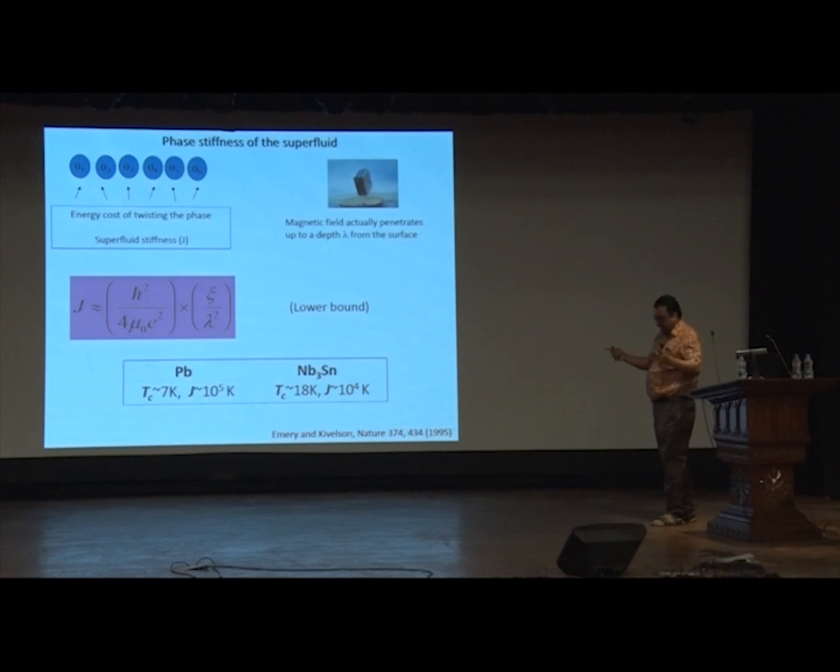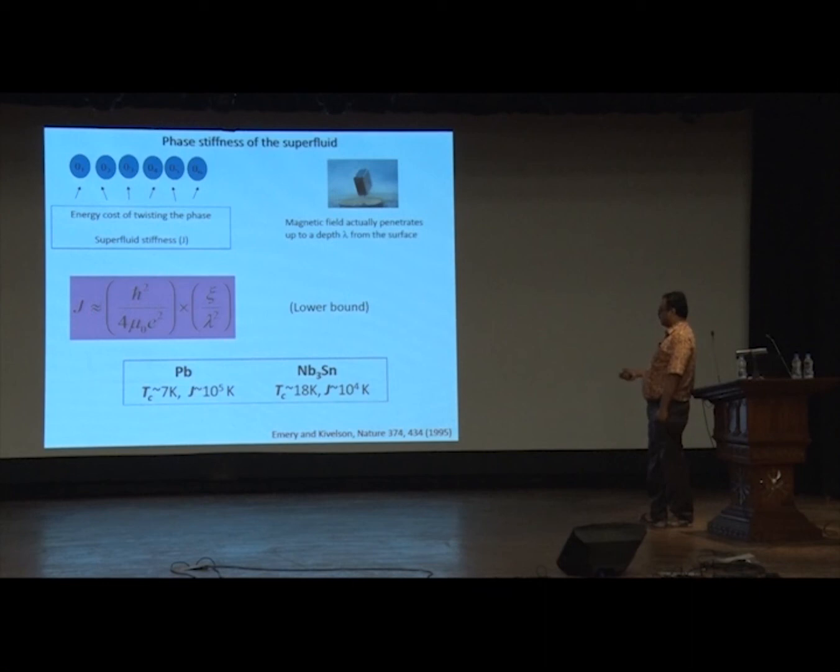Because just having pairs does not ensure superconductivity, these pairs also have to be in a phase coherent state. So if I take, let's say, one pair here and one pair here far away, and I try to twist their phase, what is the energy cost? This energy cost can be calculated from simple Josephson relations, and what you get is an expression of this form.